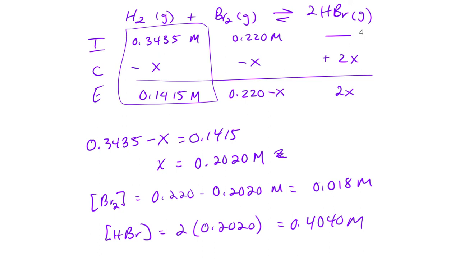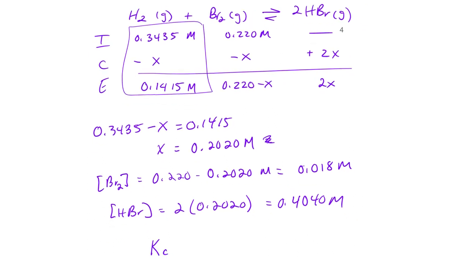Then we use our stoichiometry and we say, okay, if this amount has reacted away, 0.2020, that same amount has reacted away of Br2 because of the stoichiometry. Okay, and then we can figure out how much is left over here. So now we're solving this. And then with the HBr, we formed, so plus 2x. And so we knew what x was, and so we can solve for that. Does that help?